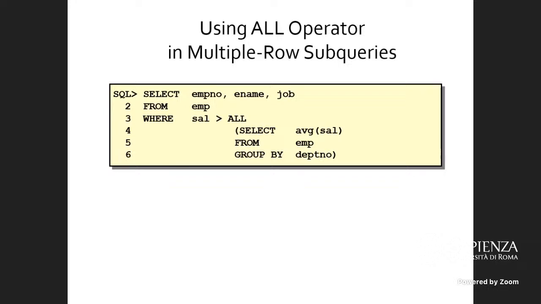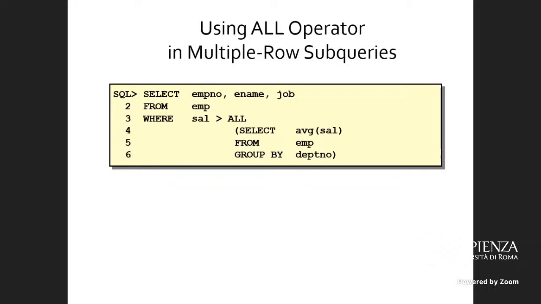So when you see greater than ALL now, you are saying select average salary from employees group by department number. Now, this query that we have here, we all know that this query is going to give us the average salary in each of the departments. Now, that's the average of the salary of each department. Now, this is going to look at the salary of any employee that earns more than the highest average salary of all these departments.